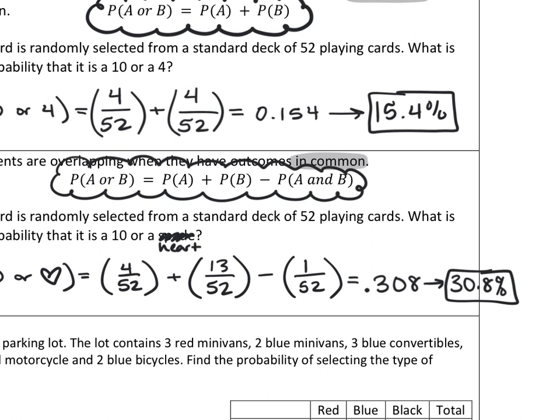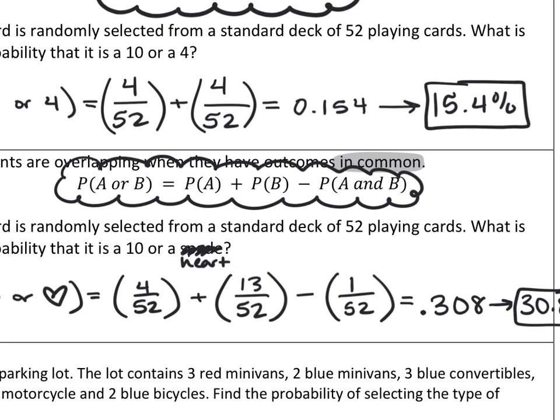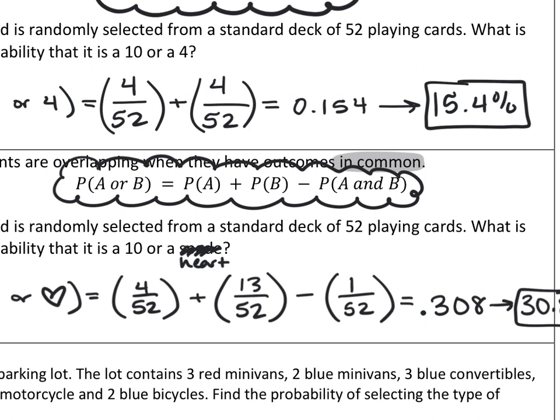Okay, we need to annotate our work a little bit, because especially if you don't understand a deck of cards, if you look back at this example, you're going to be like, what? So let's annotate our work a little bit. On this problem we just did, this fraction right here came from the fact that there are 4 10s in a deck.